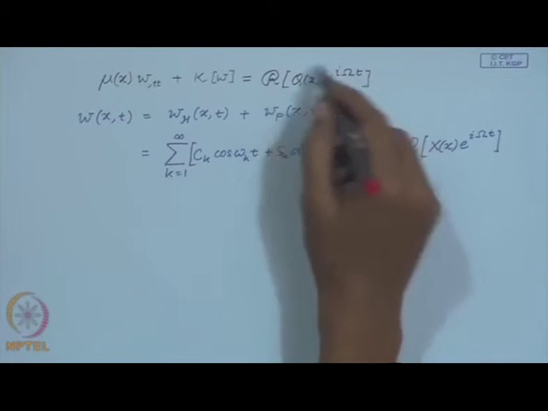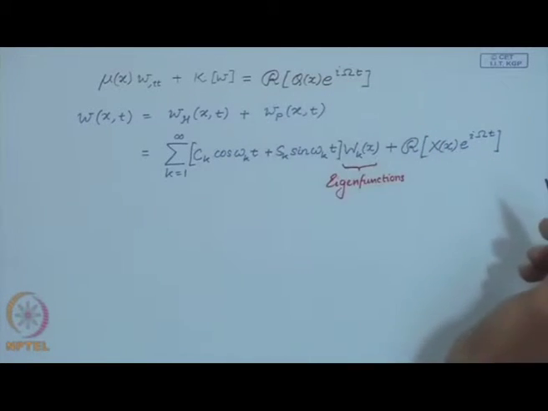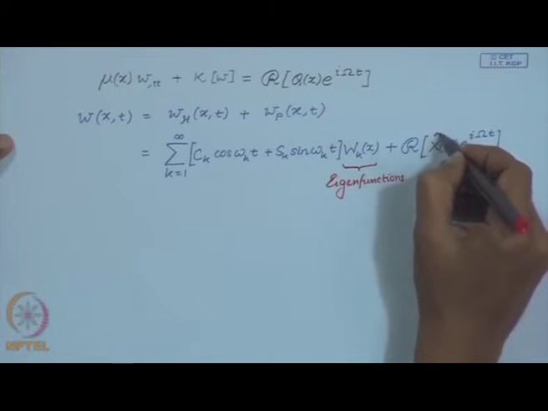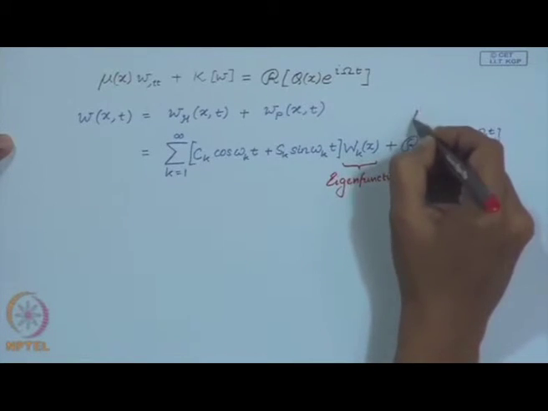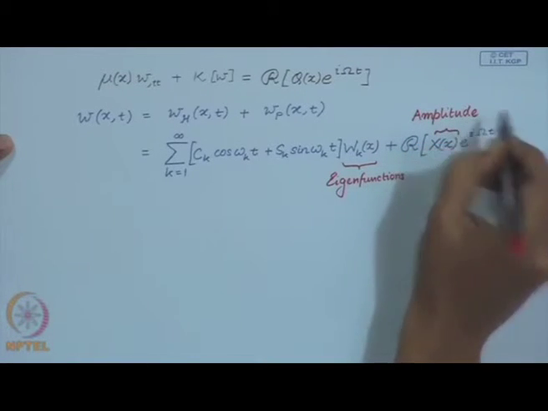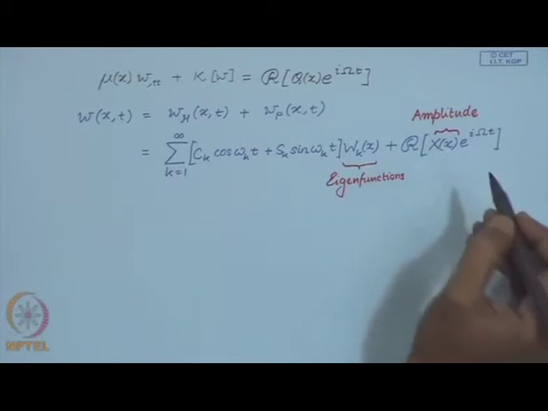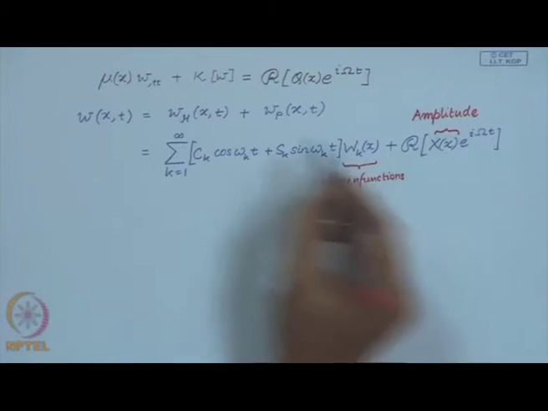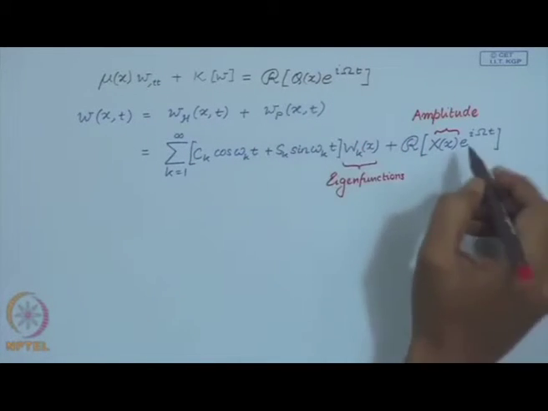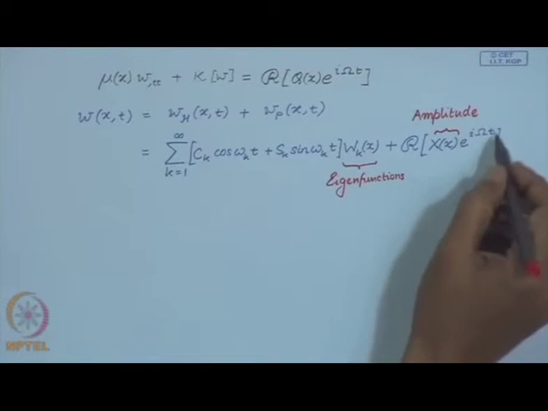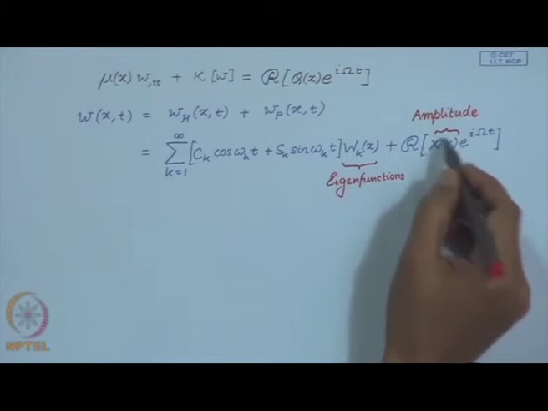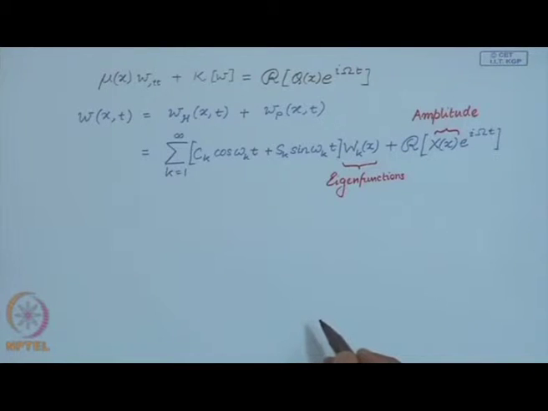So, this is the homogeneous solution and this is the particular solution, which meets the non-homogeneous term on the right hand side of the differential equation. Here this is the amplitude function of the response. As you know, in an undamped system, the response is proportional to this harmonic time function. So, we have written this out as the real part of this amplitude times exponential i omega t.